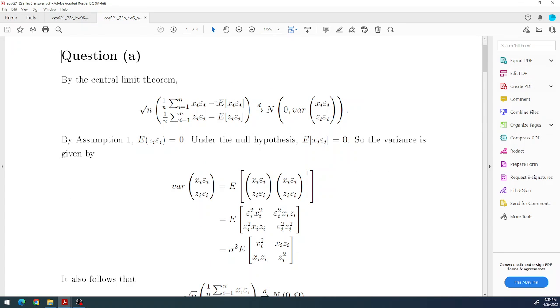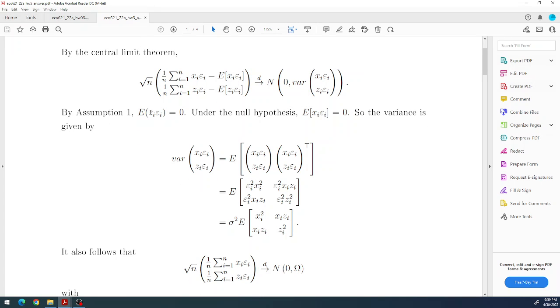So let's have an answer. Simple. So the central limit theorem goes like this, and we have 0 and 0. And so by assumption 1, this is always 0, and by the null hypothesis, this is 0. And also, one more thing here is that for the variance to equal this form, expectation of something prime, you have to have their expectation equal to 0.